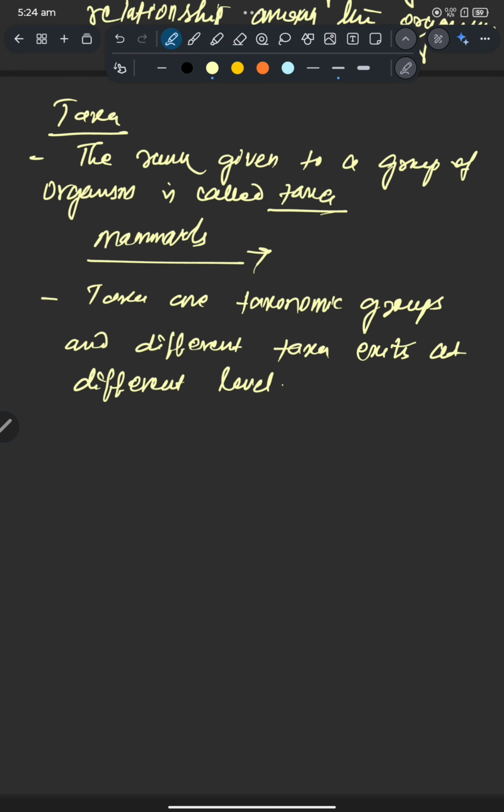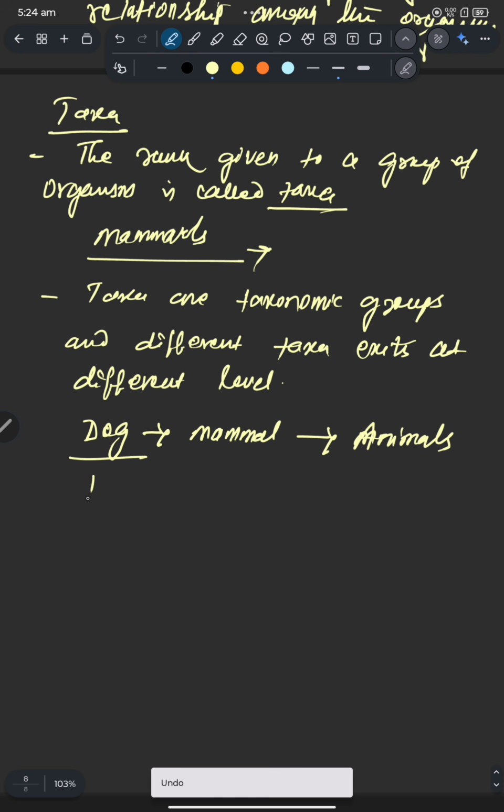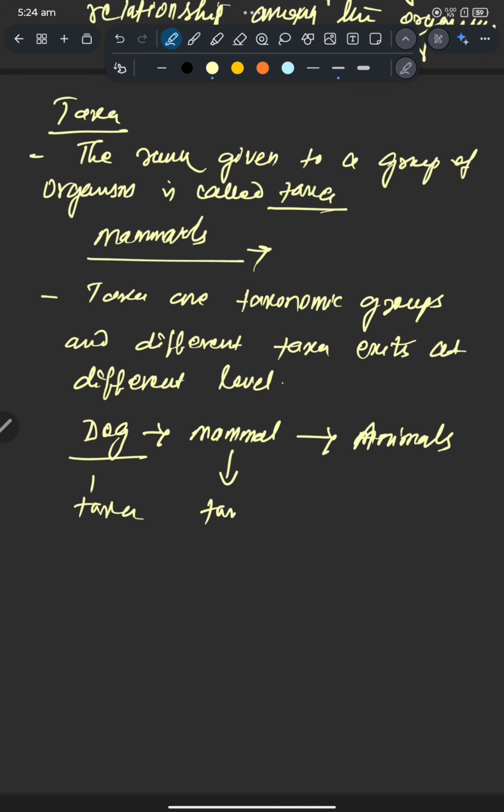So for example, here I am giving a small example like dog. Dog is a mammal, and what are mammals? Mammals are animals. So here dog is a taxa. Mammal is a taxa and animal is also a taxa.